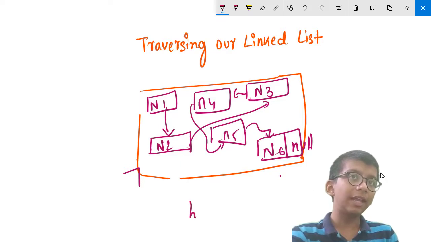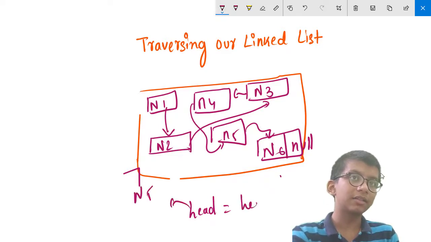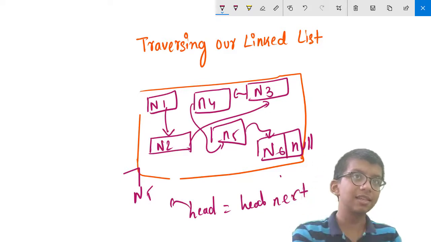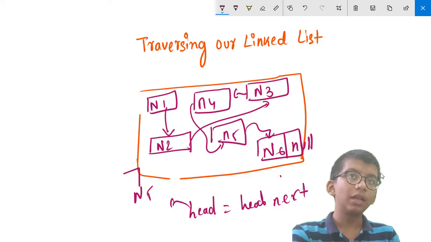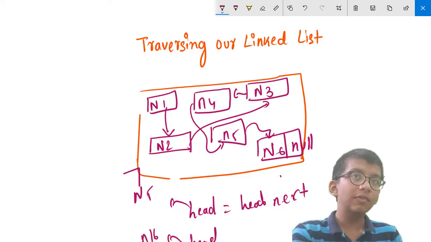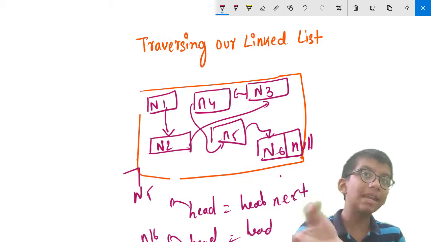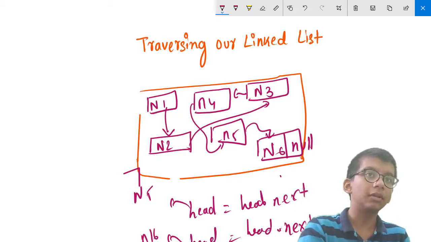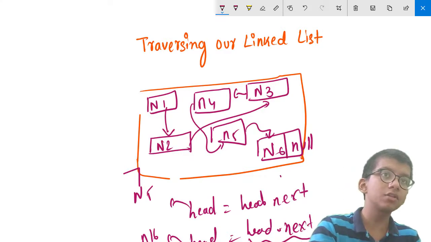Now head contains n5. If I write head dot next, now head will contain n6. Now if we write head dot next, n6 dot next is null.